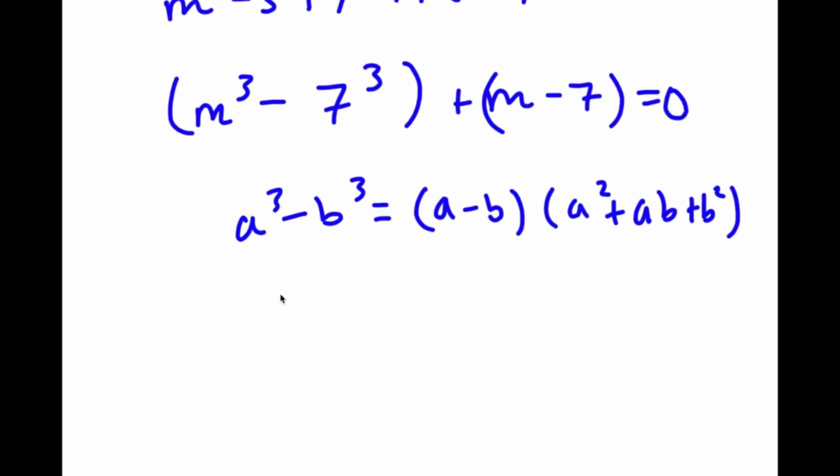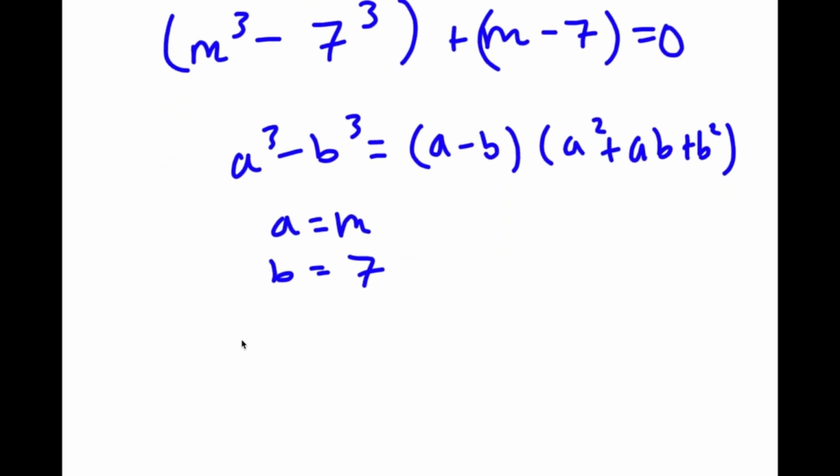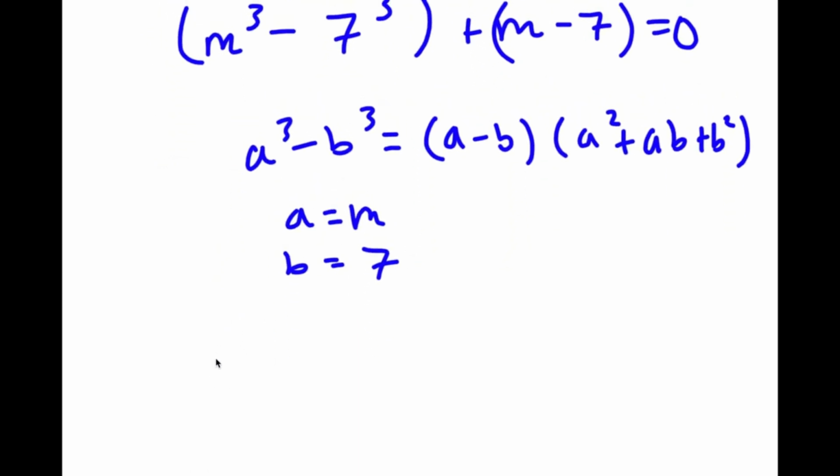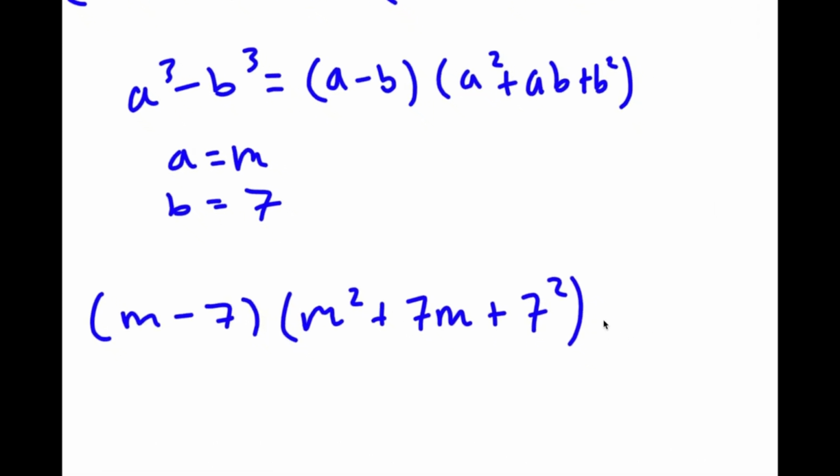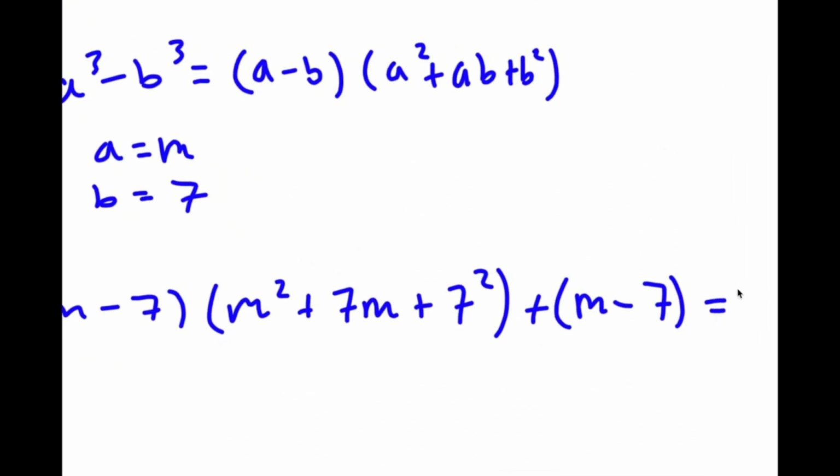So in this case, a is m and b is 7. So I have m minus 7 times m squared plus 7m plus 7 squared. I have this plus m minus 7 is equal to 0.